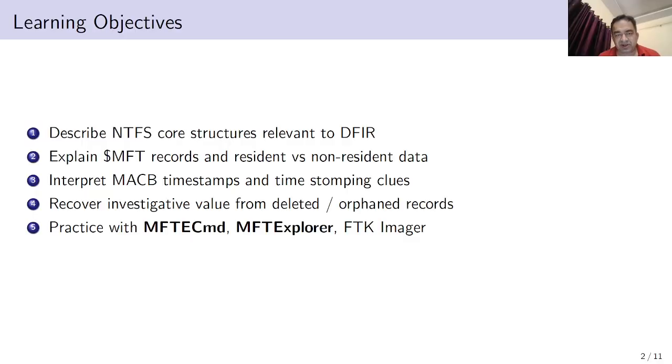The learner will be able to describe NTFS structures that matter to DFIR, explain MFT records and resident versus non-resident data, interpret MACB times and timestamping clues, extract value from deleted orphaned records, and practice MFTECmd, MFT Explorer, and FTK Imager.